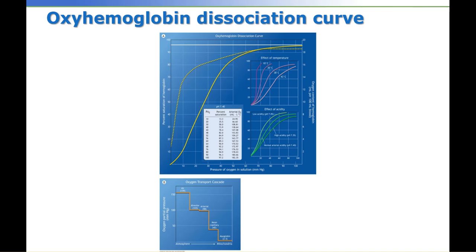This is called the Bohr effect, and this results in alterations in hemoglobin's molecular structure from blood chemistry and temperature changes. It's named for Danish physician and physiologist Christian Bohr.